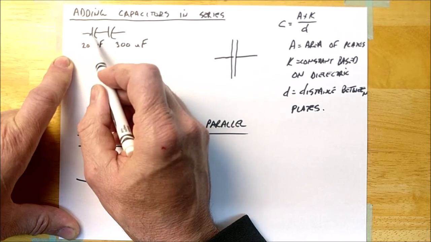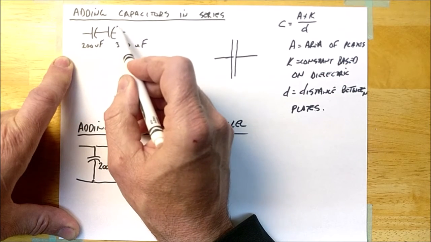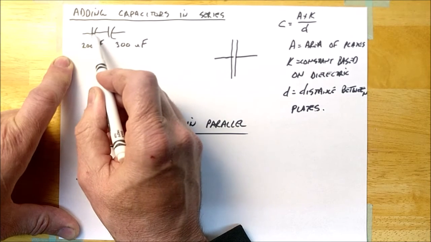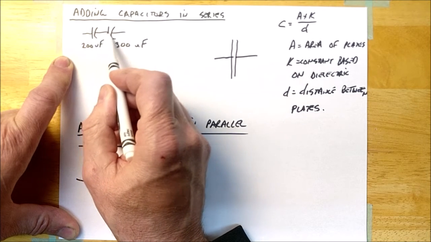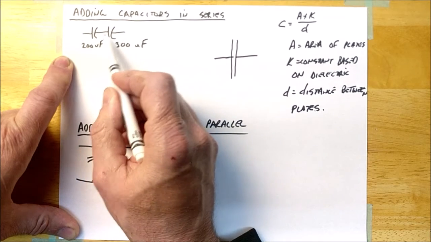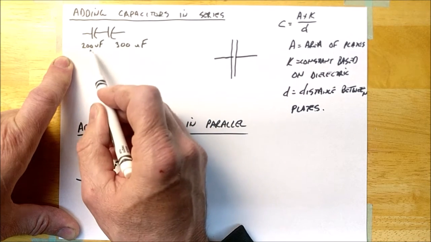But mostly, if you look at this formula, have I increased the area of the plates by doing this, or have I simply increased the distance between the plates? Now I have two distances here and kind of the same amount of area. So you can see that if I do this, the actual total farads of the two will go down.